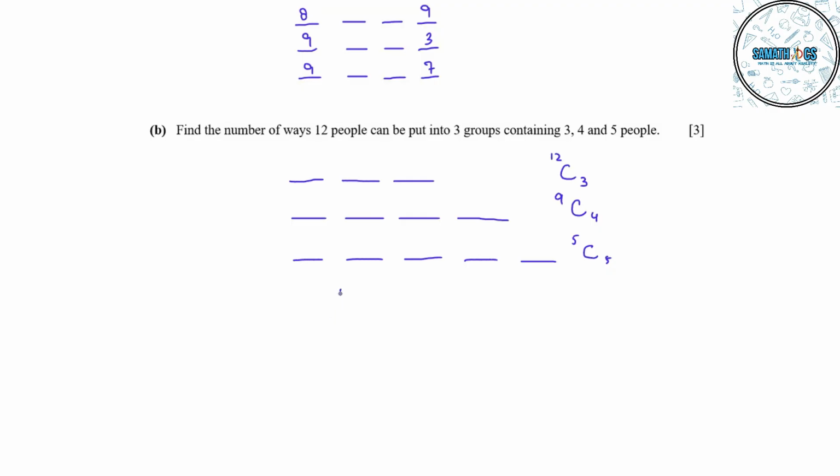Now we'll multiply these 3: 12C3, 9C4, and 5C5. So the answer is 27720. So there are 27720 ways to put 12 people into 3 groups containing 3, 4, and 5 people.